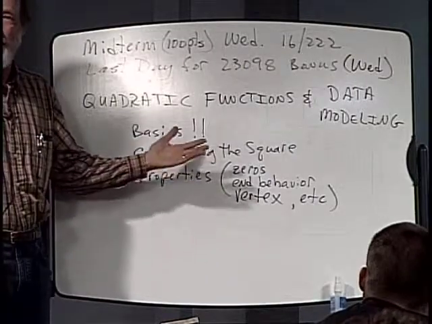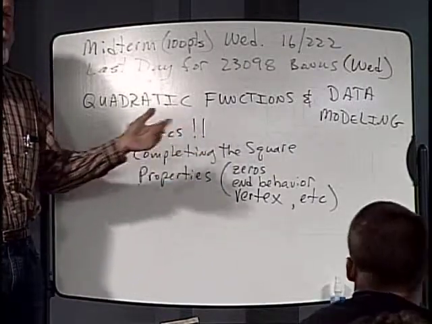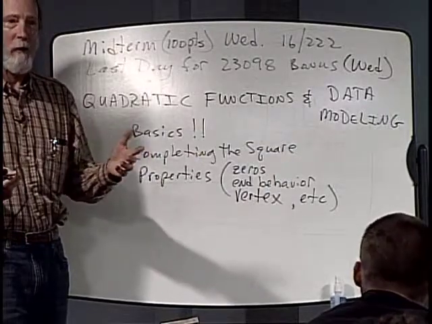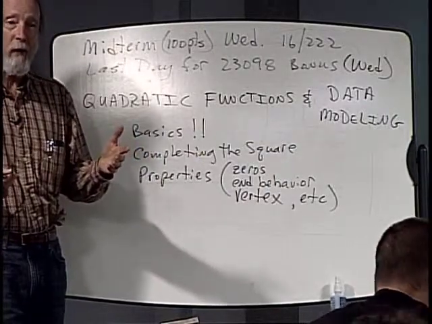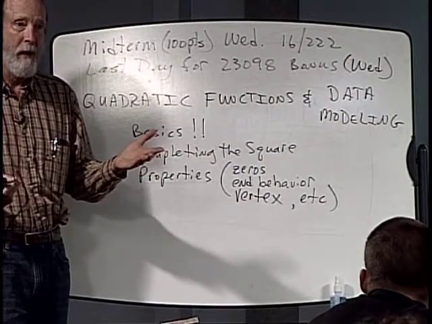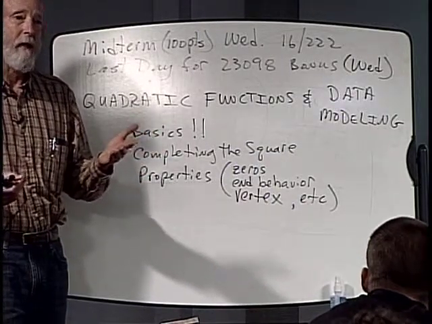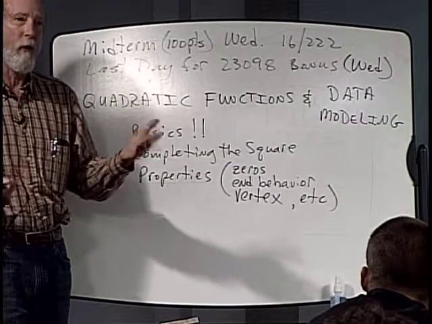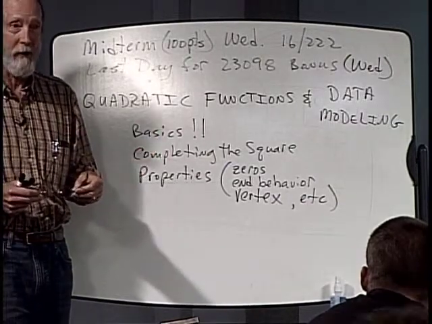Okay, now for the material today. What we did yesterday is we reviewed linear function behavior. And then we built a scatter diagram from some real data and went ahead and generated the line of best fit using what's called a regression function out of the calculator.